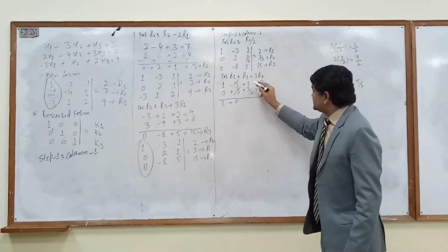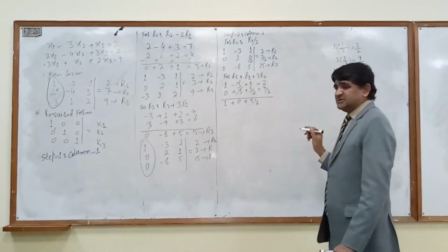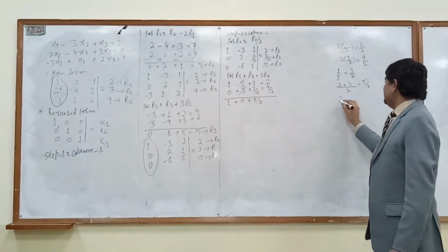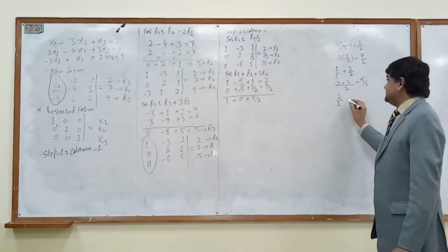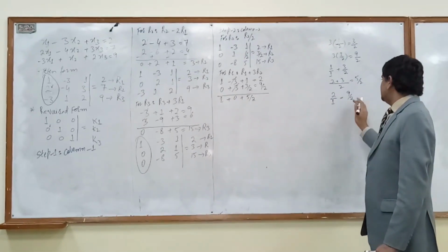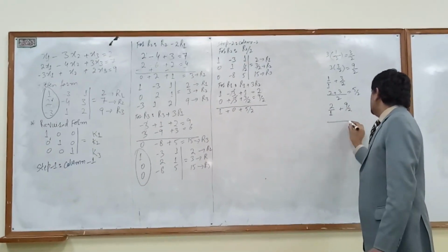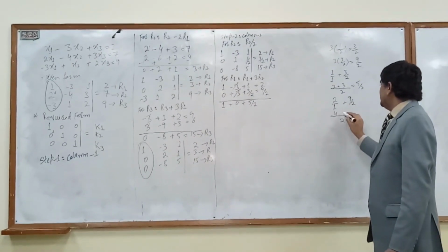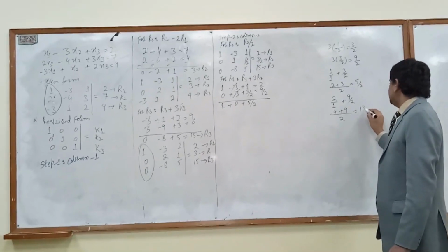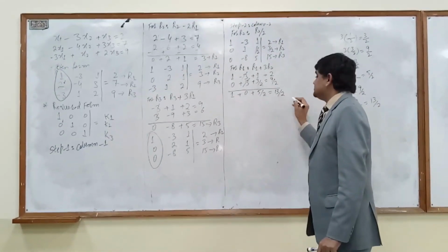The sum of this is 5 by 2. We can also simplify the next one: 2 by 1 plus 9 by 2, 2 is the LCM. Here it is 4 plus 9 is 13 by 2.